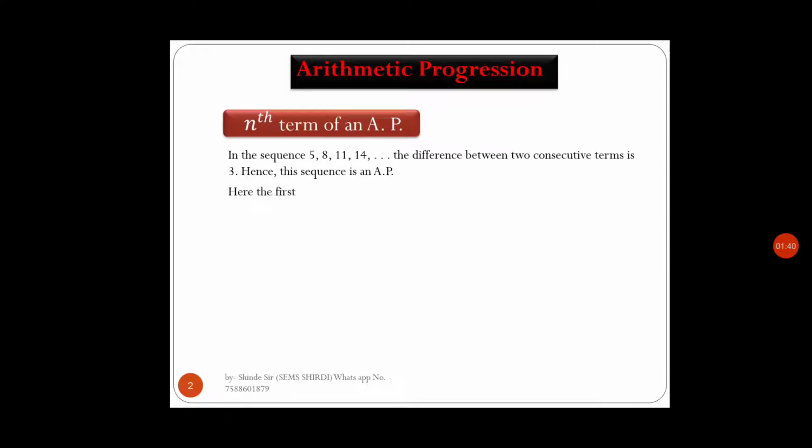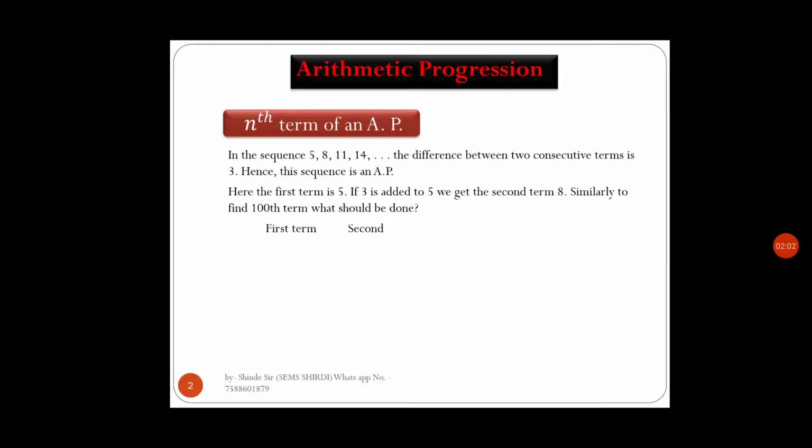Now we see here the first term is 5. If 3 is added to 5, we get the second term 8. Similarly, if we find the 10th term, what should be done?